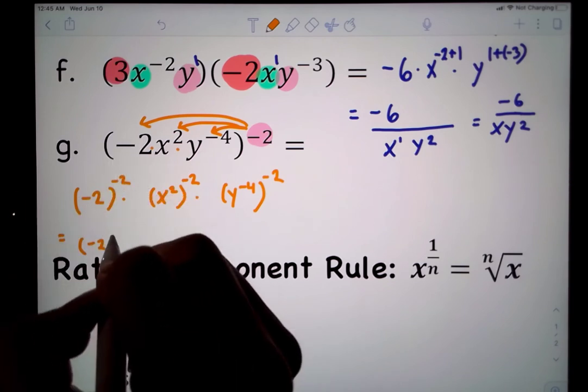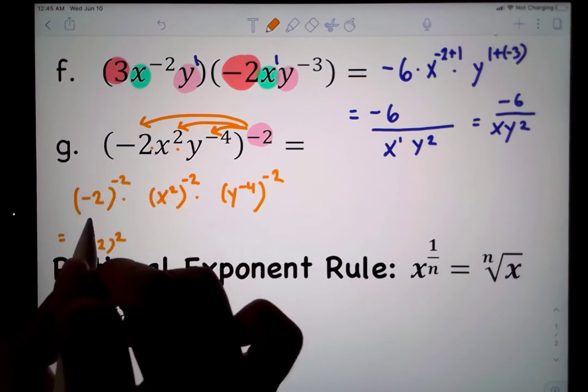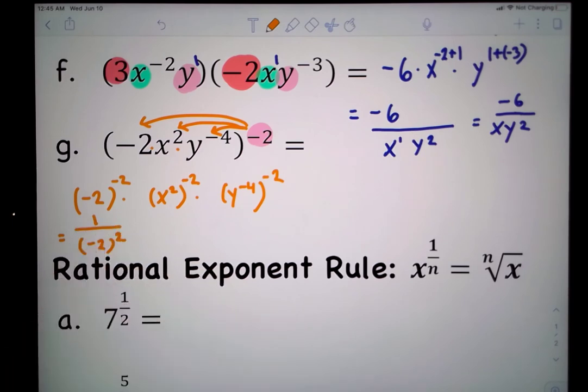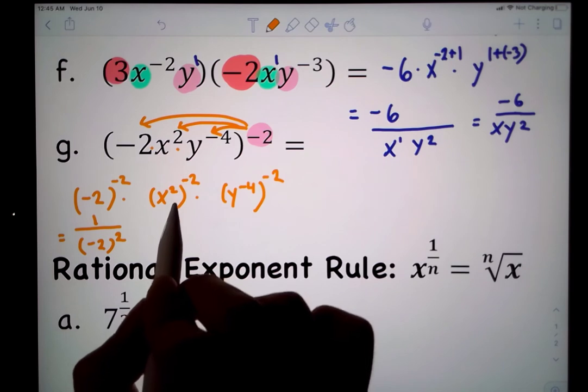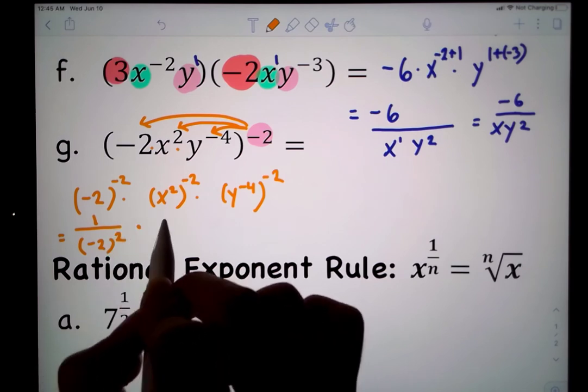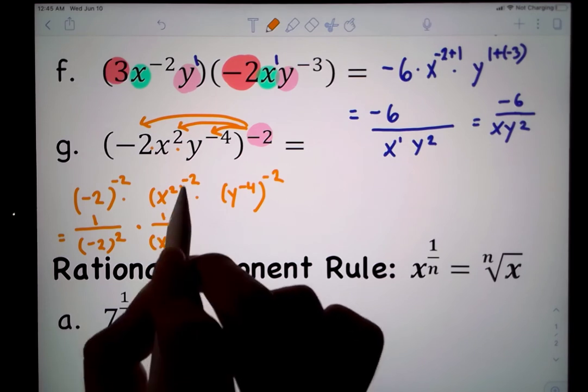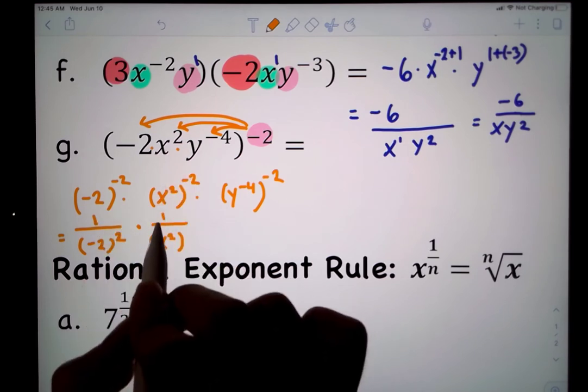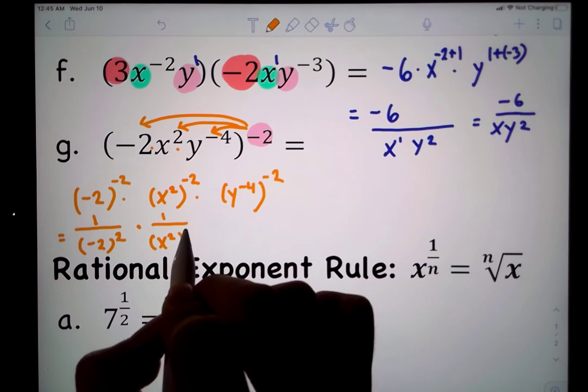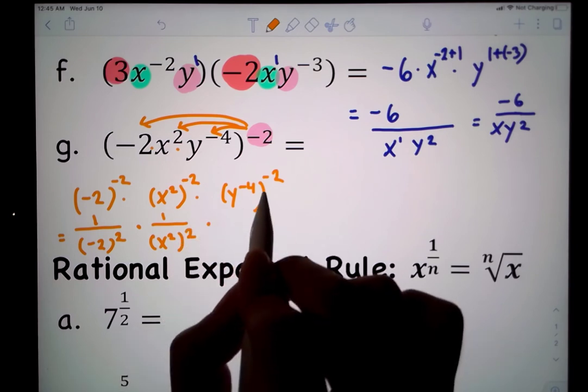Get rid of your negative sign, so 2, and then you just make it 1 over, okay? And then same here, times 1 over x squared, and you lose this negative sign because we make it 1 over, right? So 2, and that one.